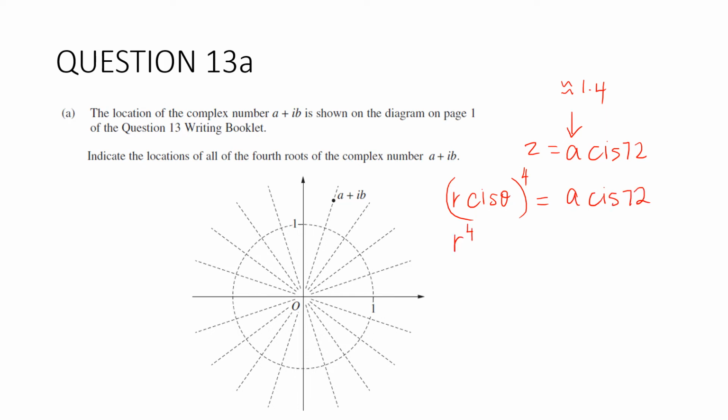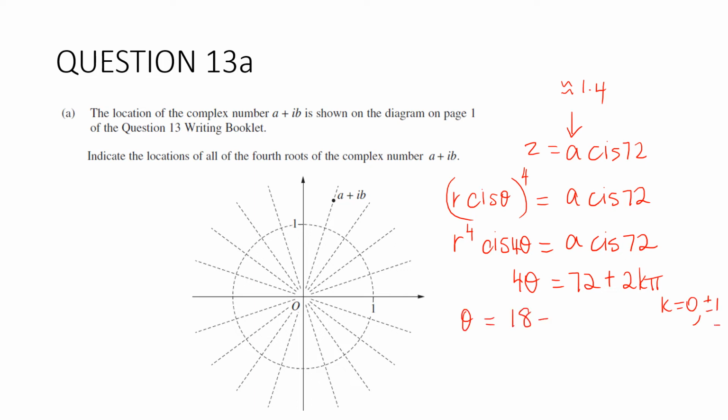R to the power of 4 cis 4 theta is equal to a cis 72. 4 theta is equal to 72 plus 2k pi, where k is equal to 0, plus or minus 1, etc. And theta will equal 18 plus k pi on 2.